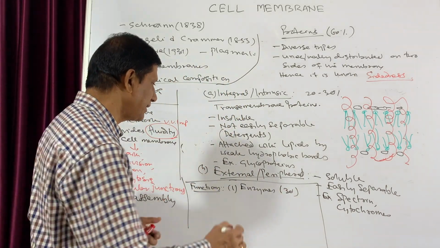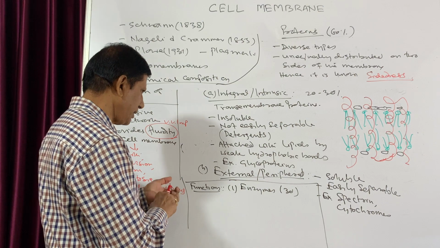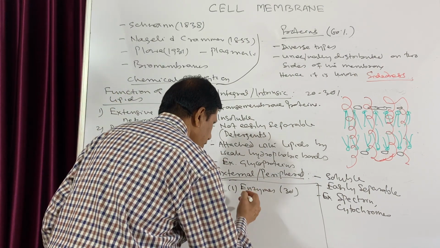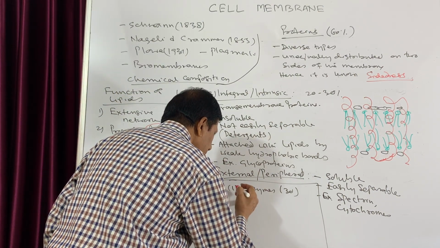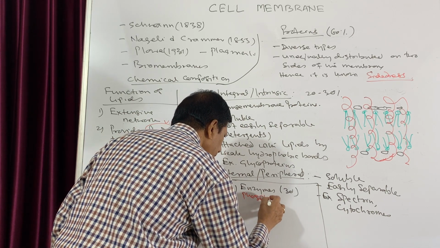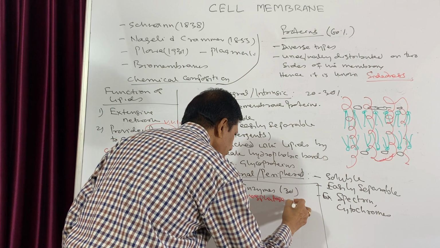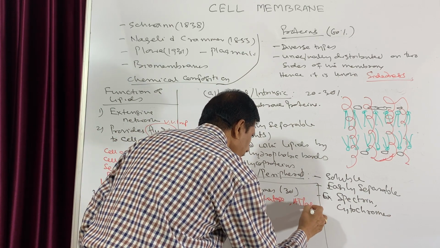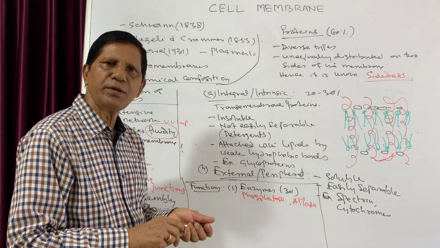Some of these enzymes, for example, phosphatases and ATPases, are all present in the cell membrane.